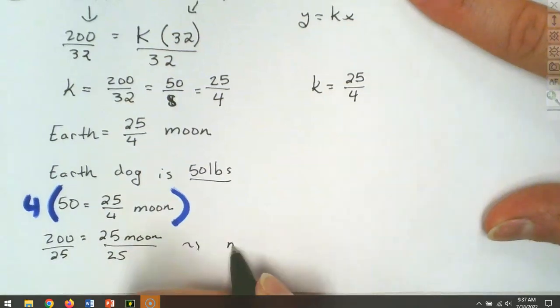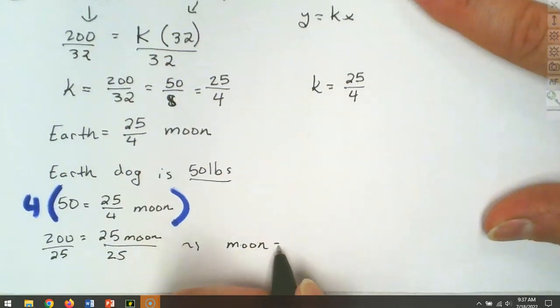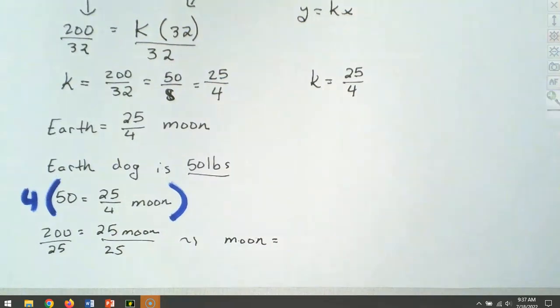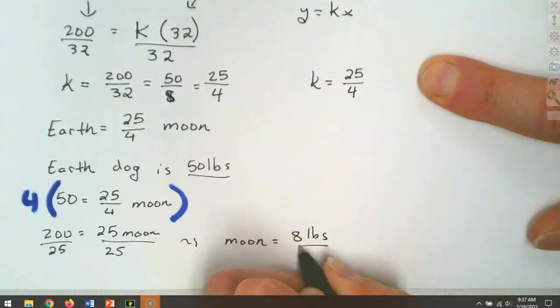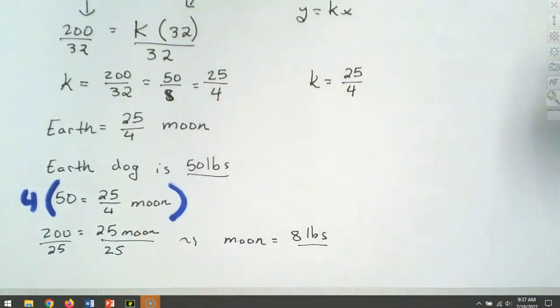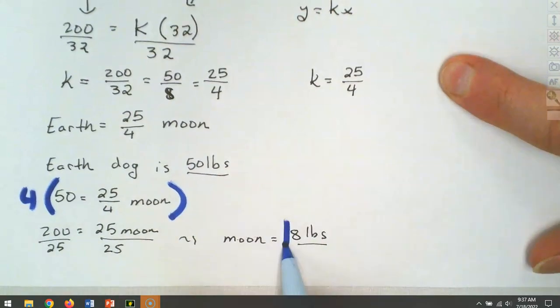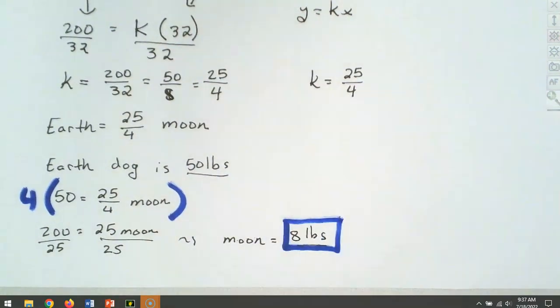And how much does this dog finally weigh on the moon? 200 divided by 25, well, that means the dog weighs 8 pounds. So on the moon, the dog only weighs 8 pounds. He weighs 200 pounds, or sorry, 50 pounds on Earth, but on the moon, that dog only weighs 8 pounds.